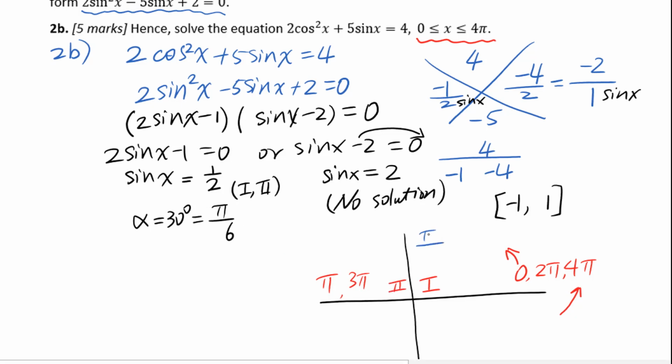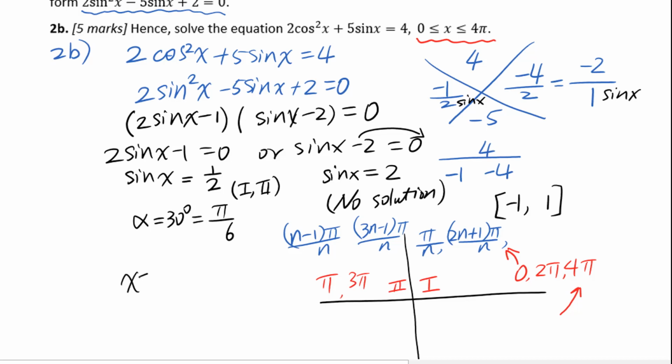Therefore, we have pi over n, 2n plus 1 pi over n. No 4 pi, because 4 pi stops at the fourth quadrant. For the second quadrant, we have n minus 1 pi over n, 3n minus 1 pi over n.